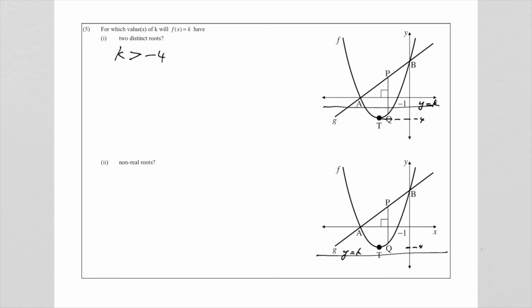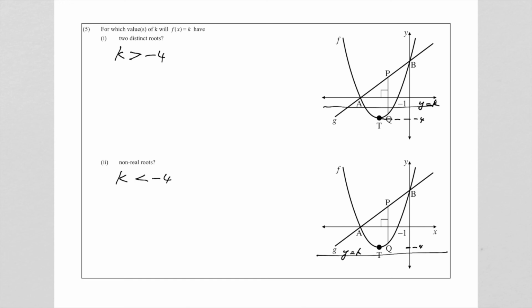So we can now just write down the answer for this one. k, in this case, must be less than -4. Please take note that if we draw it above the turning point, it is greater than -4. If we draw the line below the turning point for non-real roots, then k must be less than -4.